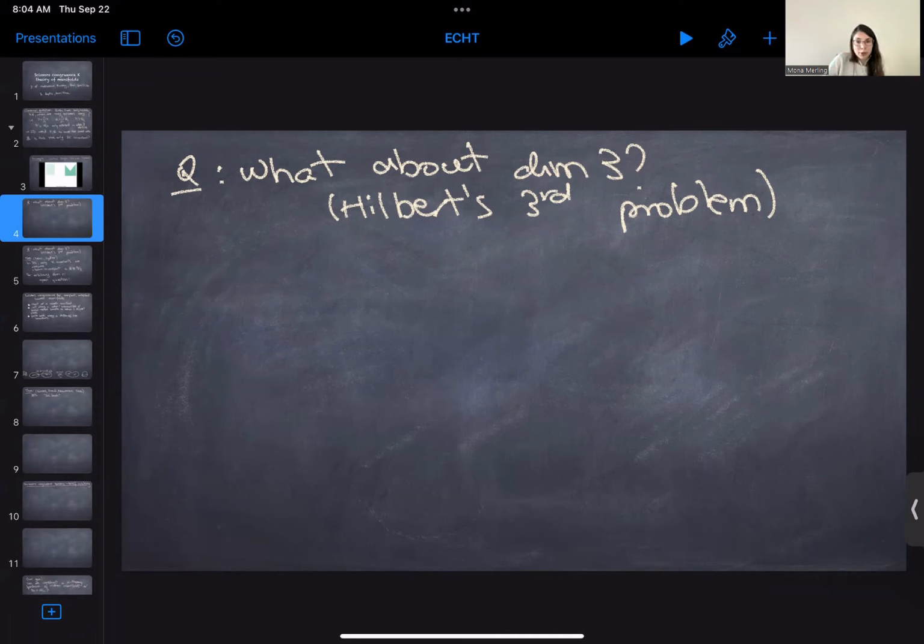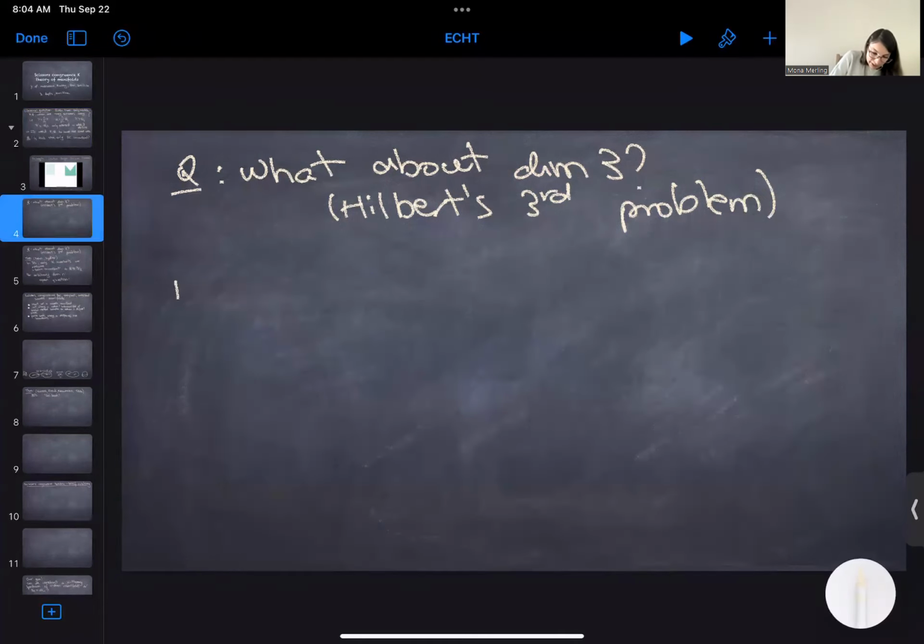This was the third problem on Hilbert's list of problems. Of course, in dimension 3, we still have the volume. So the question is, is volume the only scissors congruence invariant? That was the problem. And it turns out that there's more. This was solved by a student of Hilbert, Dehn.